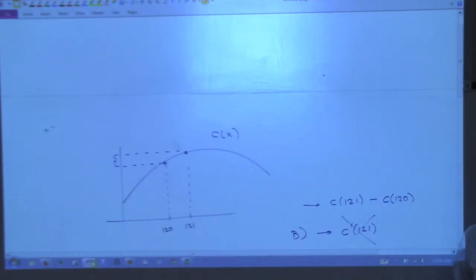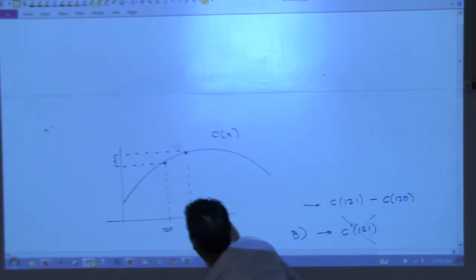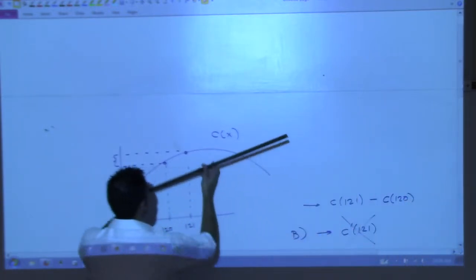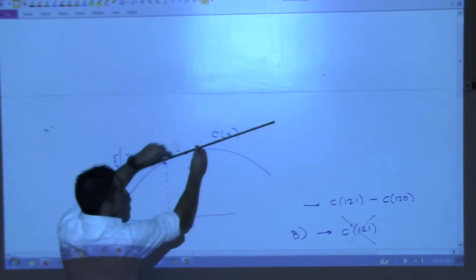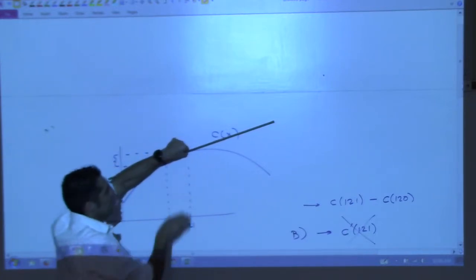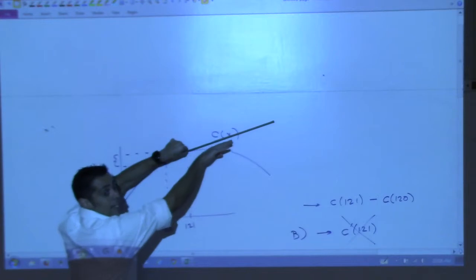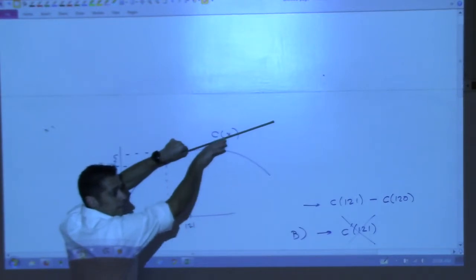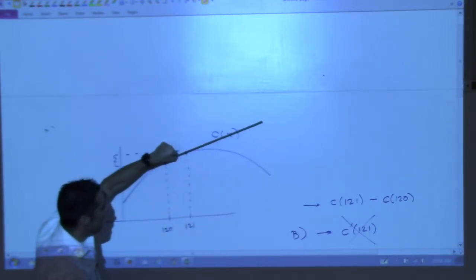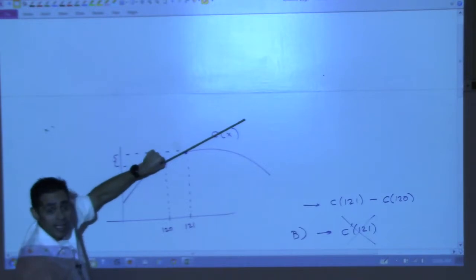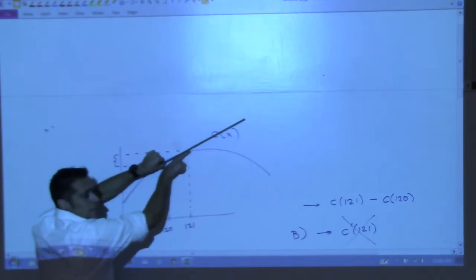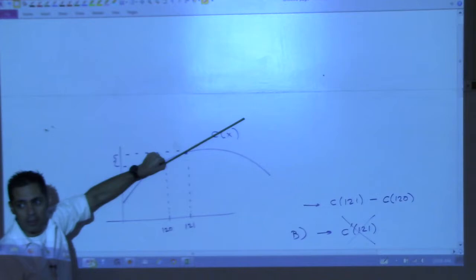See why I'm saying it's a little confusing? Because doesn't C prime of 121 give me the slope of this tangent line right there? And isn't that predicting what's going to be happening later? Yes? So I actually need to come back to 120, and that will predict what's going to happen at 121.